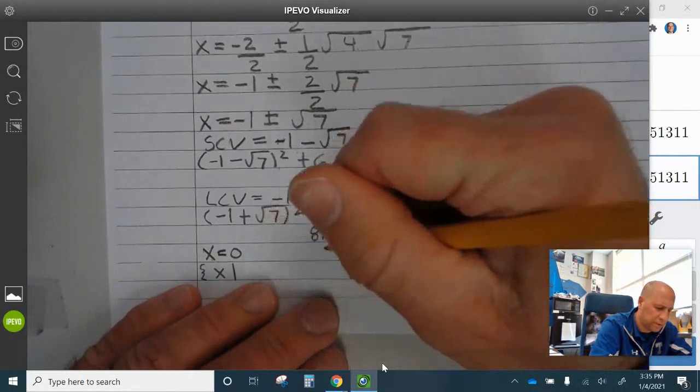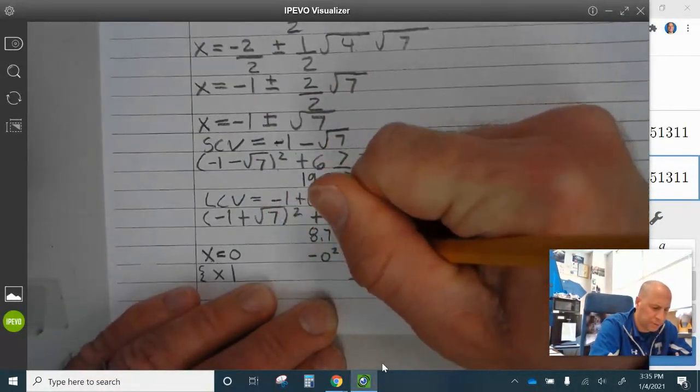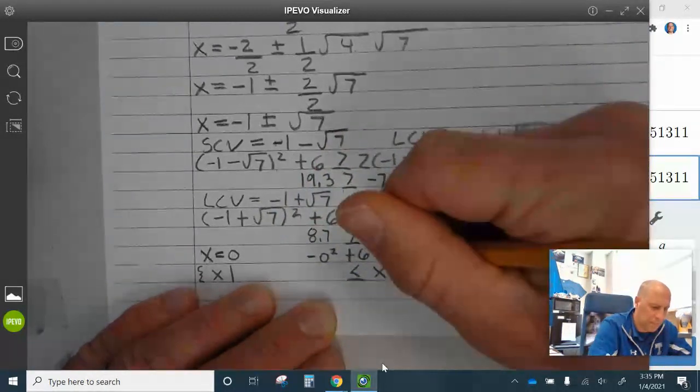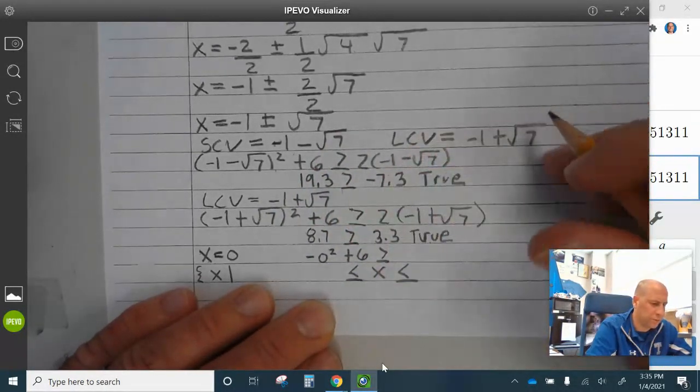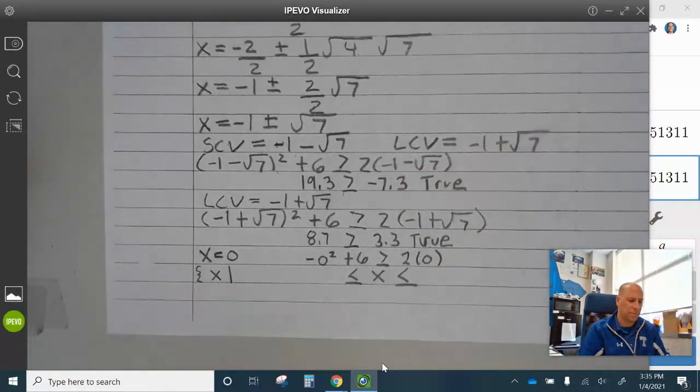So we have negative 0 squared plus 6 greater than or equal to 2 times 0.